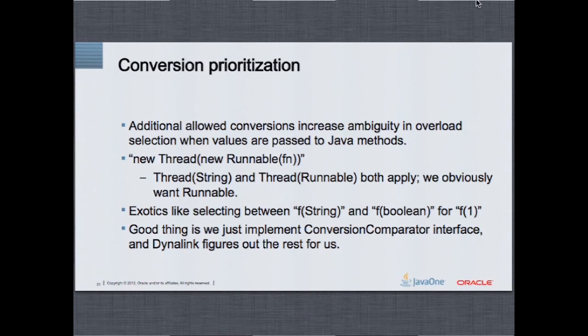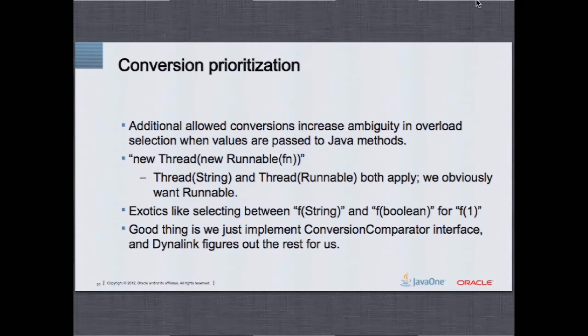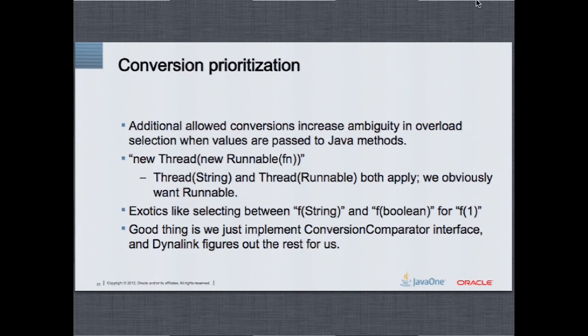Now, obviously, we all know what we want. We want this guy to get invoked. So our conversion comparator augments the JLS rules and specifically says, if there is an object and you have to choose between a string and some interface, and the object happens to implement the interface, then go for that.